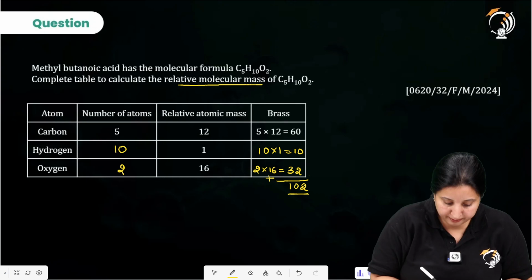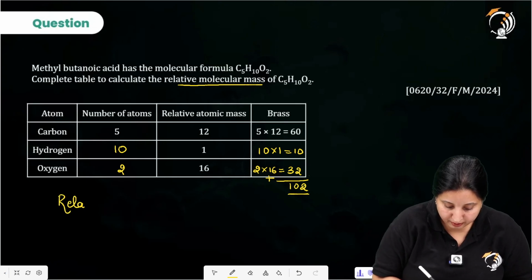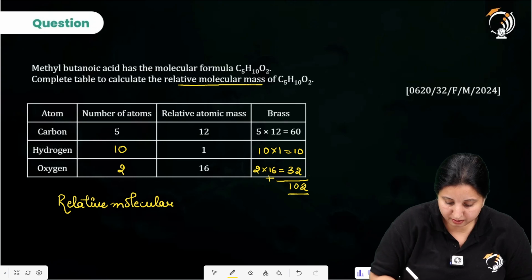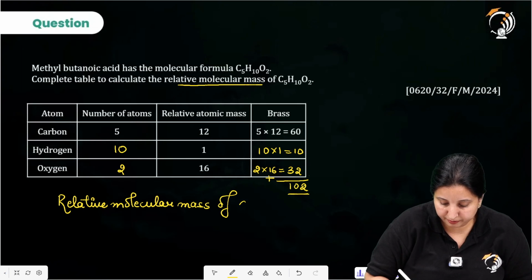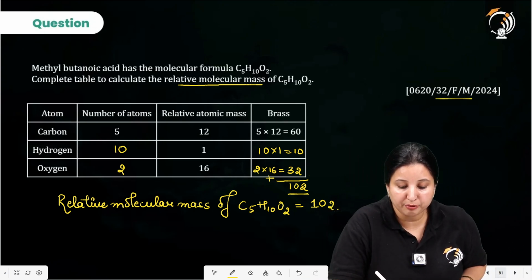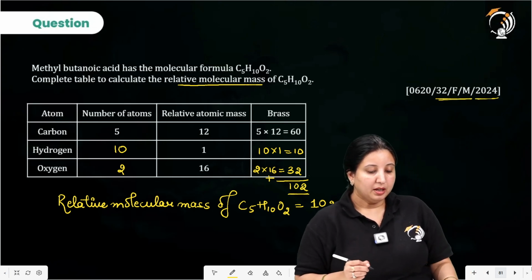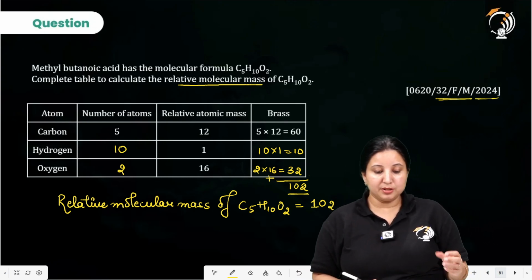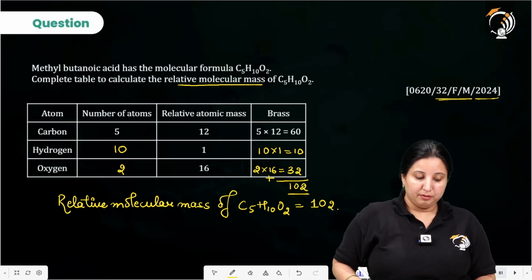So we can say the relative molecular mass of C5H10O2 is equal to 102. Now look, this particular question is from the variant 32 February March year 2024. Now this question is basically from a theory paper.